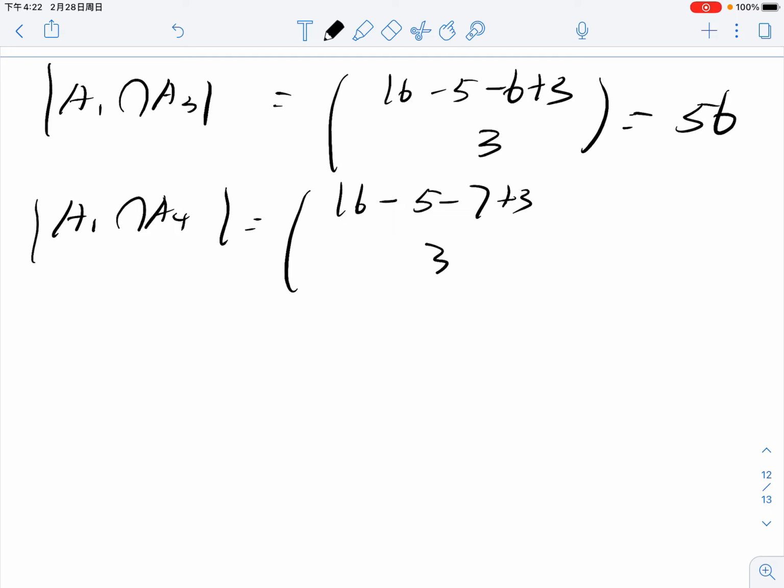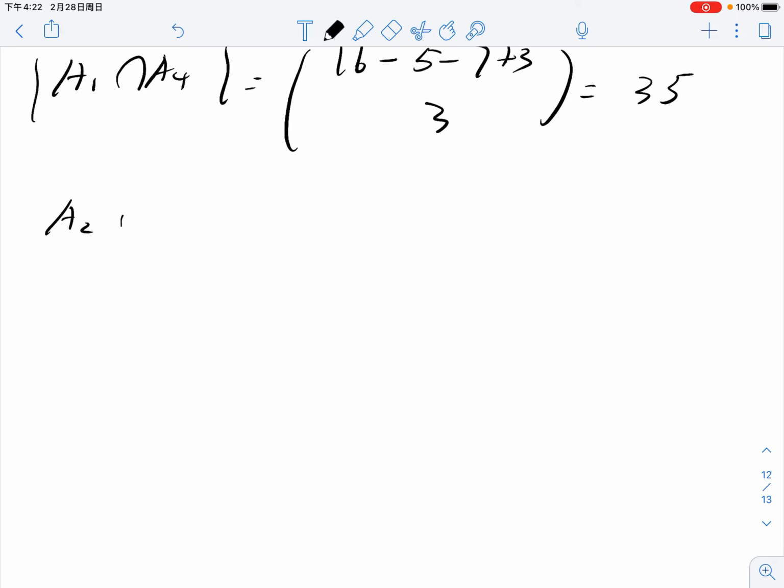The computation is heavy, to be honest, but the idea is simple. So as soon as the idea is clear, you can use the computer to calculate it, or even if you do it by yourself, you won't miss something. So the key problem, I believe you already get the idea when you do the exercises.